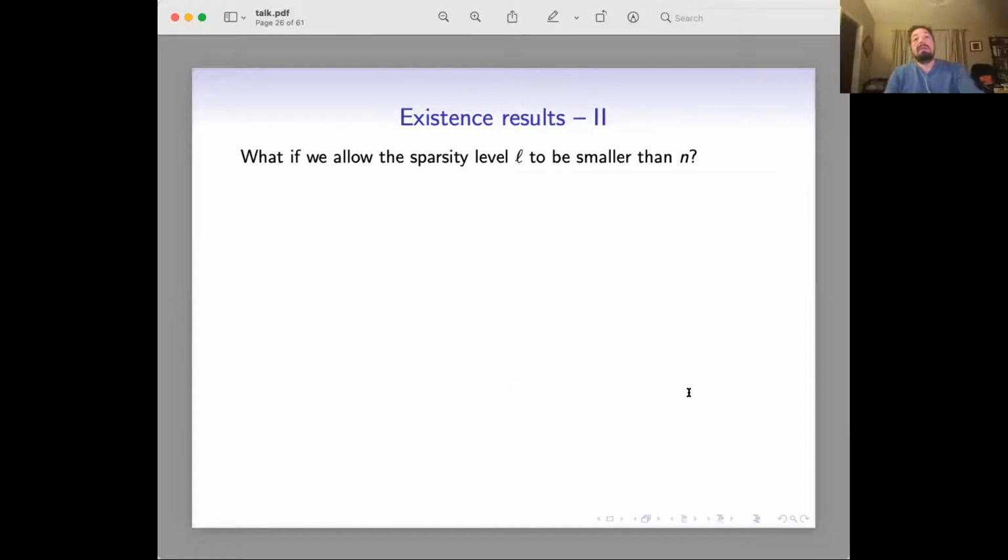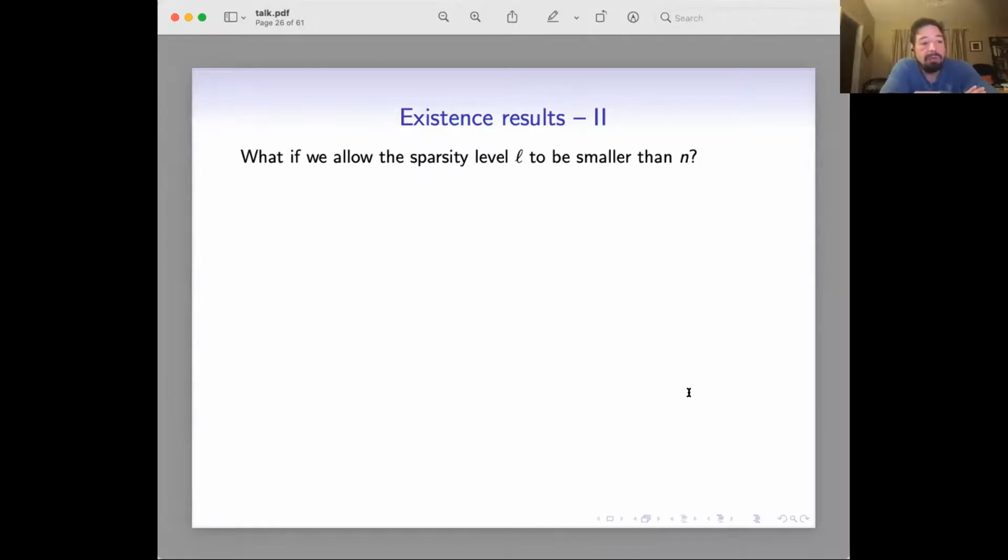But you see, the results that I showed you so far allowed the sparsity level L to be as high as N, the number of rows. But what if we allow the sparsity level to be smaller than N?